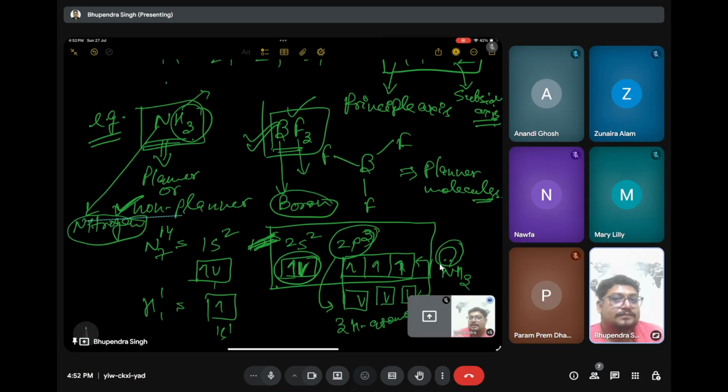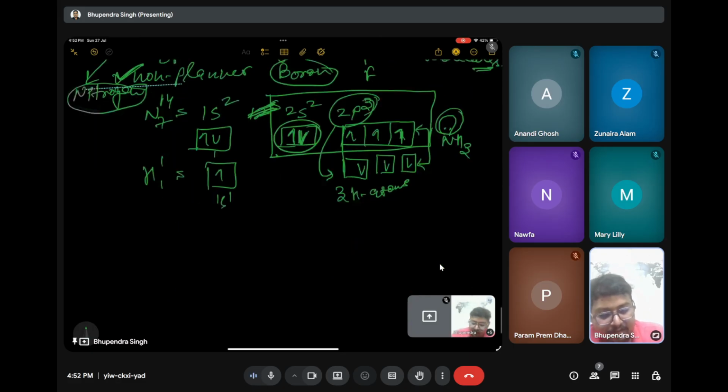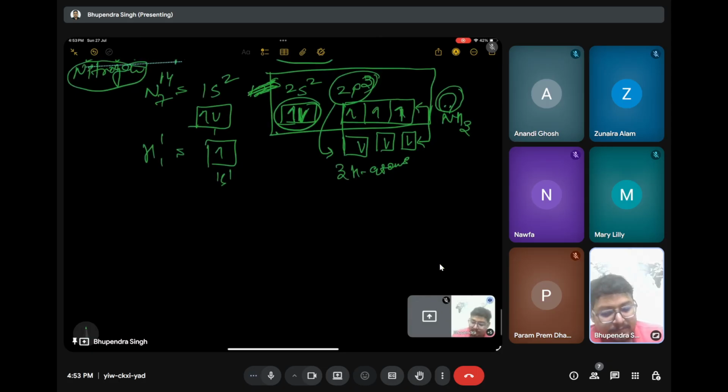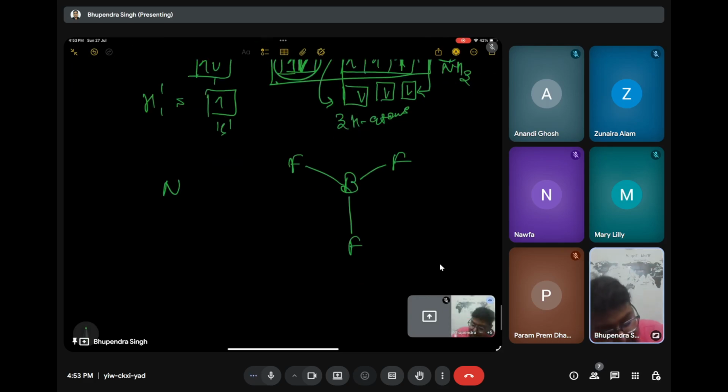Then you can find the point group and any operation or axis. But without knowing the correct structure, it is very difficult to find the correct point group. I am comparing BF3 again because I think it is a good example to understand things. See, I am not drawing this. This is going up, or let's draw.